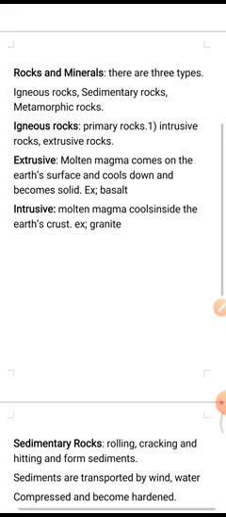These types of rocks are called sedimentary rocks. Example, sandstone. Sandstone is made up of grains of sand. These rocks may also contain fossils of plants, animals and other microorganisms.